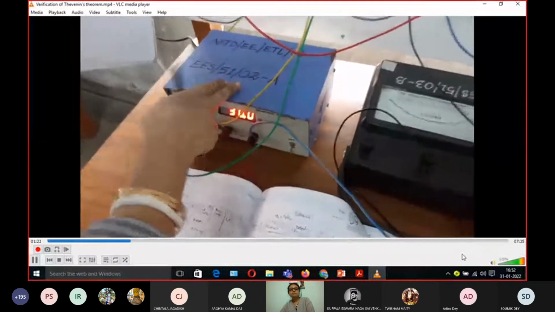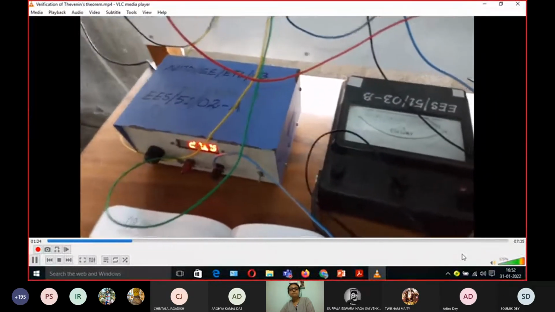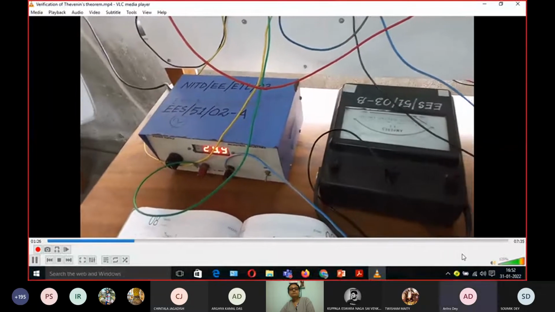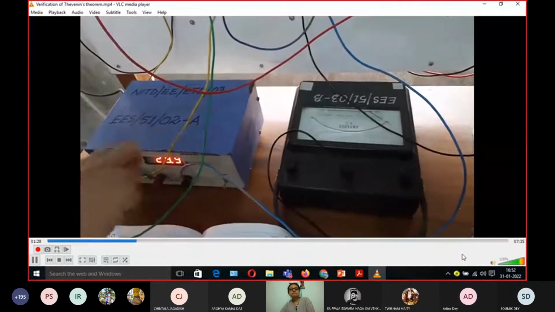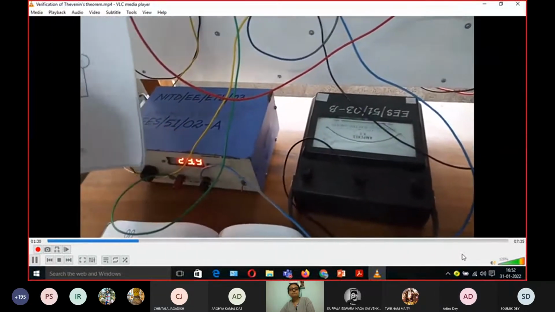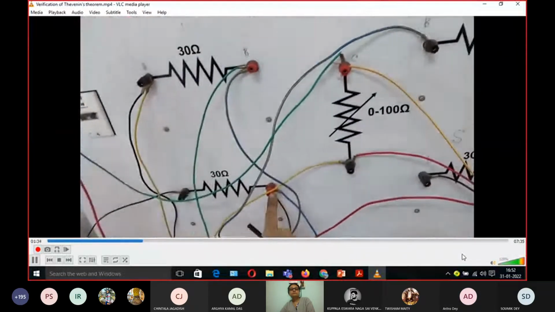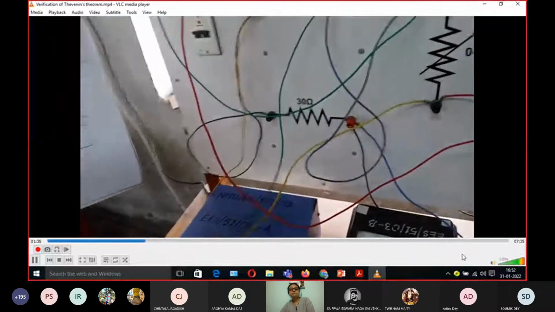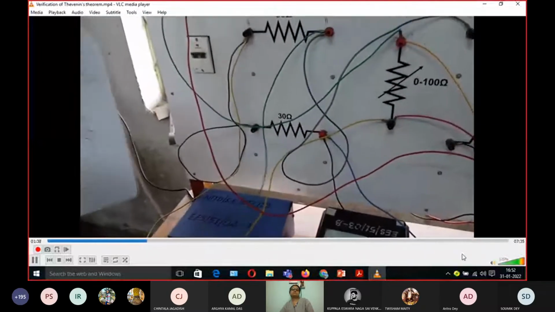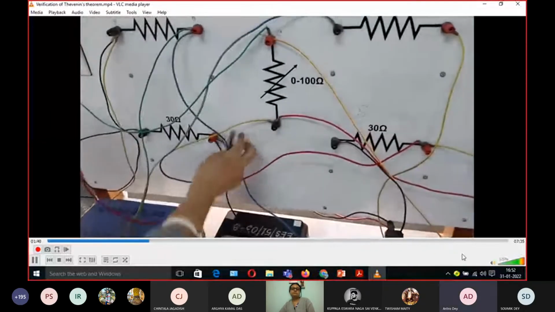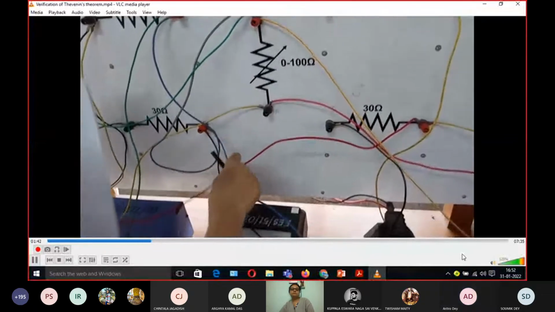And the voltage source, which is this one, is connected across B and D. So let me show you how the connection is being done. This source is connected across B and D. So we have connected here B and this is D. So these two have been connected like this. Now this D and this D are shorted.